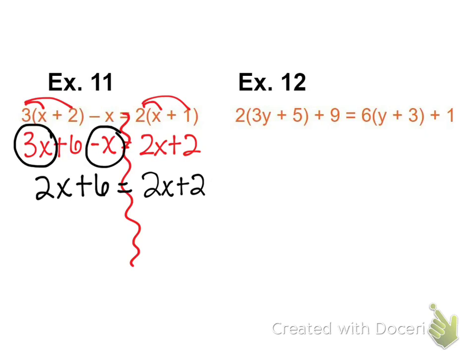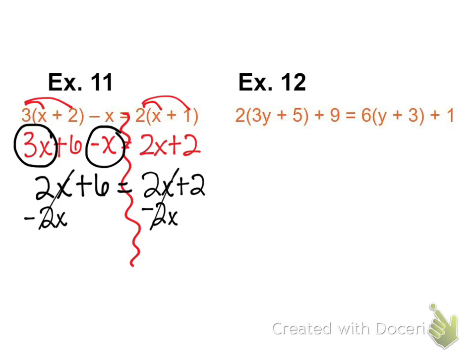Now, if I wanted all my variables together, it's usually the next step. So if I wanted to move this 2x over to the other side, what would I have to do? Good, we subtract it to get it to 0 out. But if I do it on one side, I better do it to the other side. What happens to my x's? They cancel out on both sides.